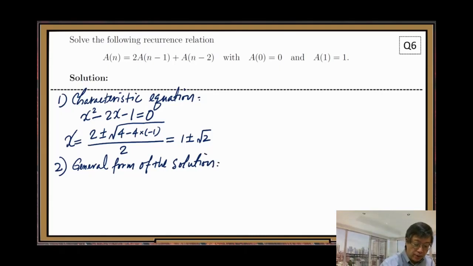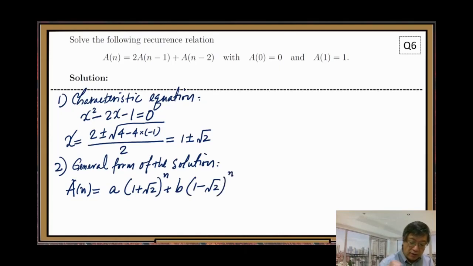Because here we use a, for my coefficients I use little a and little b. So the general form of the solution is a of n equals little a times 1 plus root 2 to the nth, plus little b times 1 minus root 2 to the nth. That's the general form of the solution.